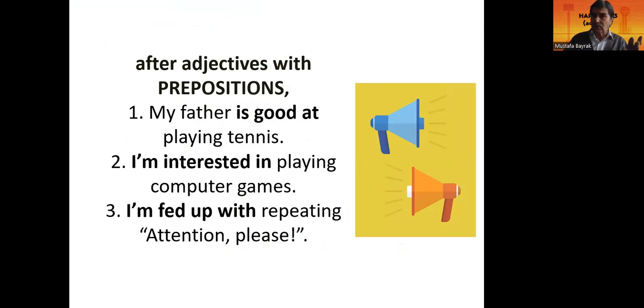In short, after prepositions, we use verb ing form like this. My father is good at playing tennis, earning money, spending money. My father is good at reading books, communicating with people, etc.